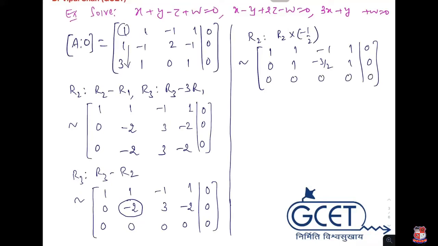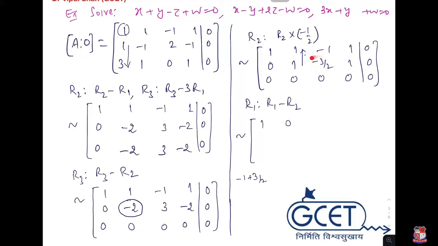Now we make this entry to be 0 because already that 1 is below it there. So R1 minus R2. So this is 1. This is 1 minus 1, 0. The next is minus 1 plus 3 by 2.